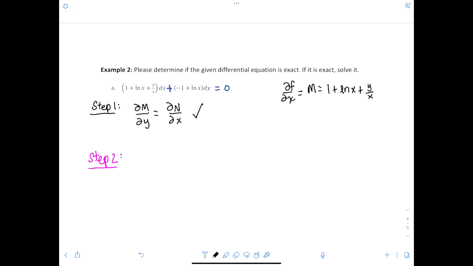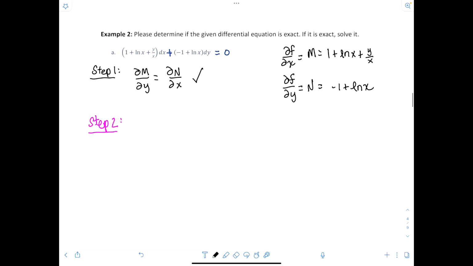We've set it up that way. And M is in terms of x and y. And the first partial of f with respect to y is equal to N in x and y, and that was equal to -1 plus natural log of x. All right, so we're good to go.